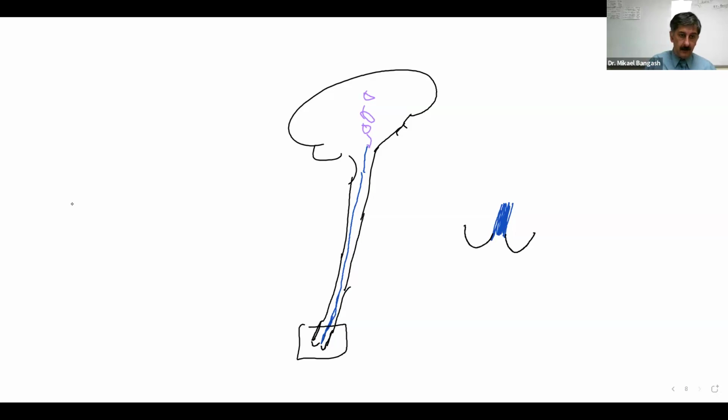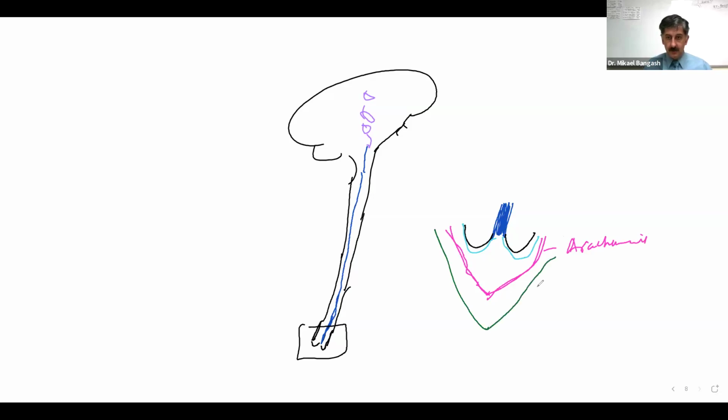And what did we say earlier that we had glued onto the spinal cord was the pia mater, right? And out of that was your arachnoid layer, right? Outermost was your dura mater.